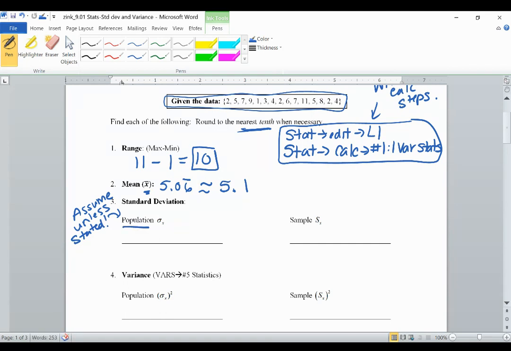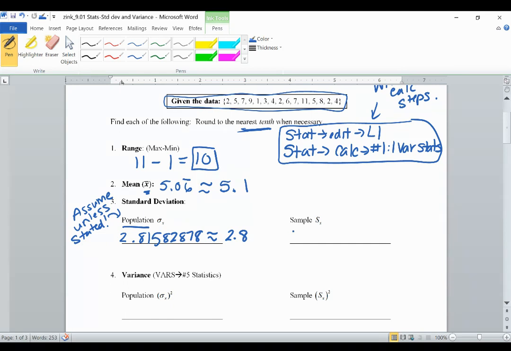The population means you're using every piece of data that's given to you, surveying every person in your group, where a sample would just be taking a smaller group of people to represent the whole. And then we're going to round that to the nearest tenth.